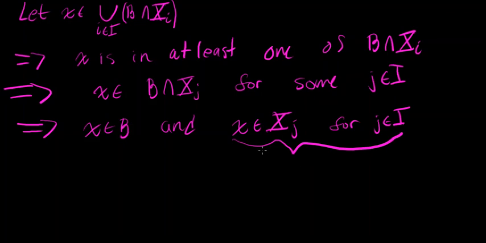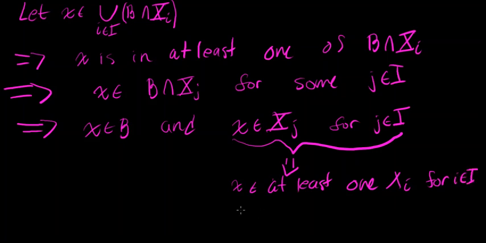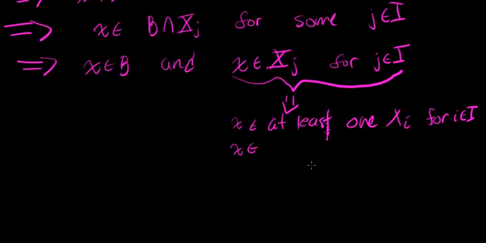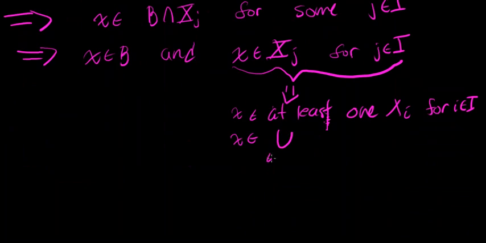If x is in x sub j for some j in I, then x is in at least one x sub i for i in I, which is the same as saying, by what we talked about up here, that x is in the union of all i in I of x sub i.